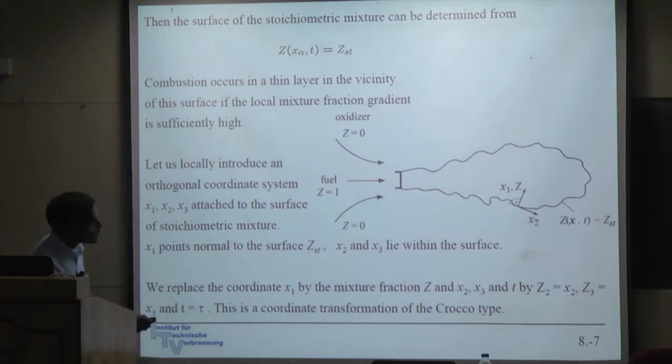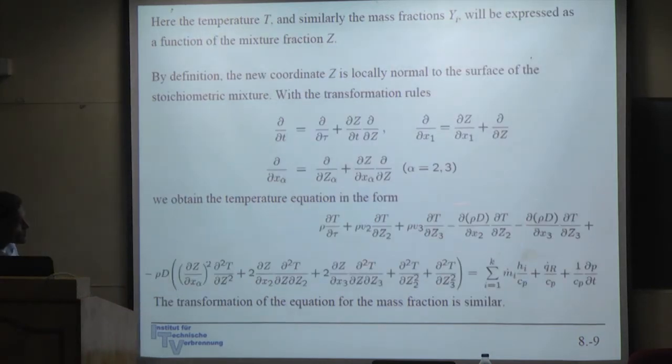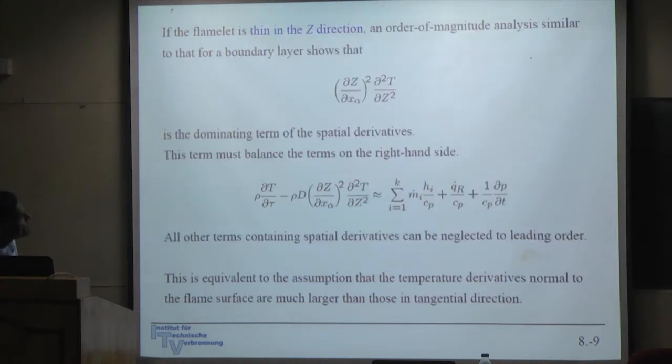If you make that approximation and look at this particular equation, this becomes the dominant term. All the other terms have derivatives with respect to Z2 and Z3, but Z2 being X2, Z3 being X3, all these terms become unimportant. So the resulting equation is just this. This is the dominant term.